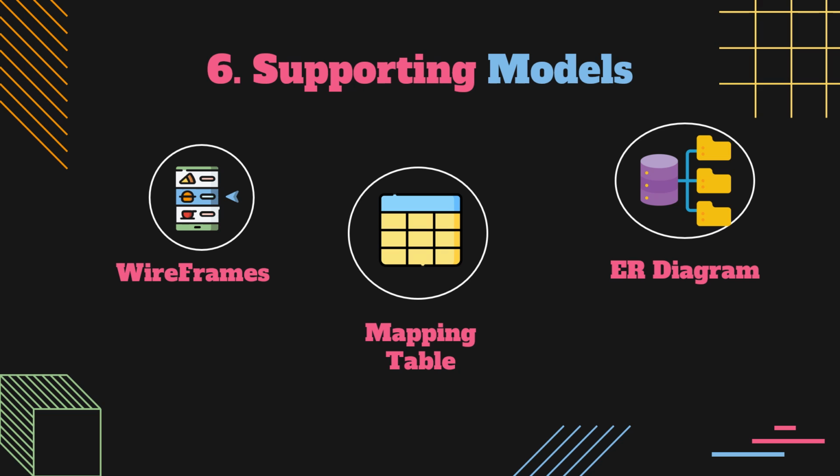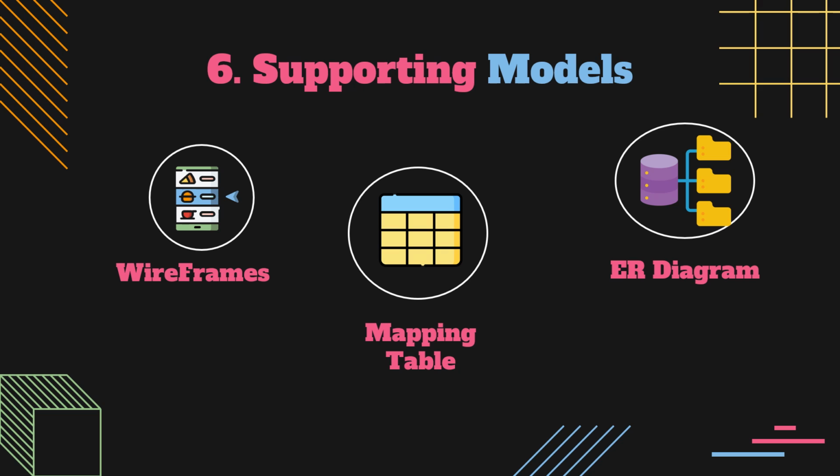We can include a wireframe to assist developers in visualizing the content, image, text, buttons, etc. that should be displayed. We can also add a tabular sheet to provide the mapping between food items and the different categories. We can also use an entity relationship diagram to design the backend tables and to store the information that will be displayed on screen.